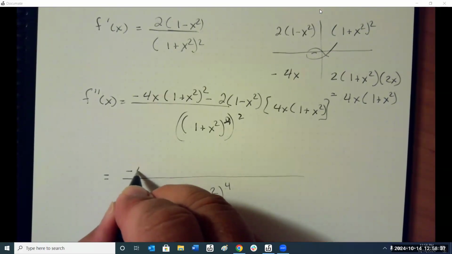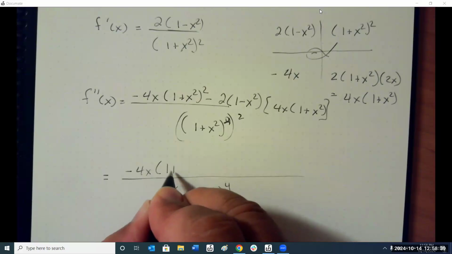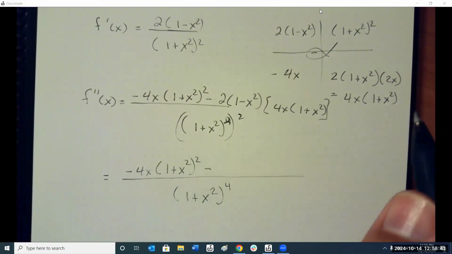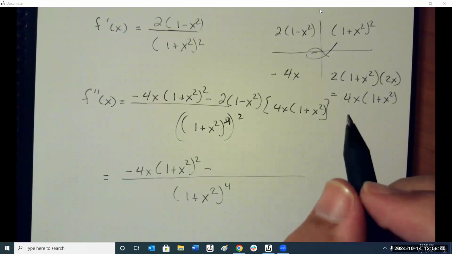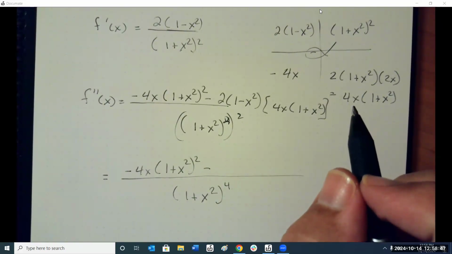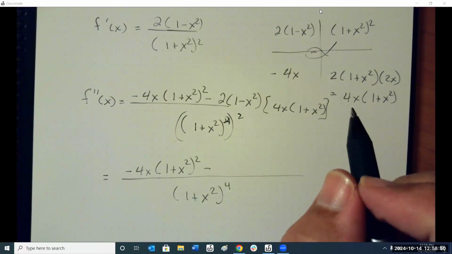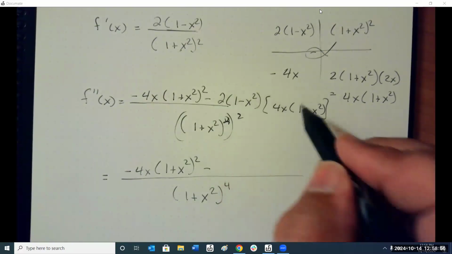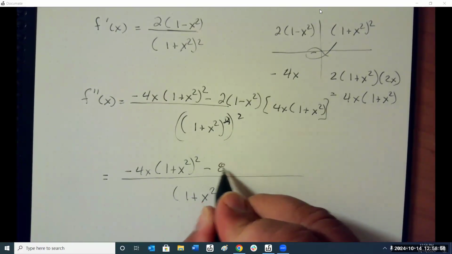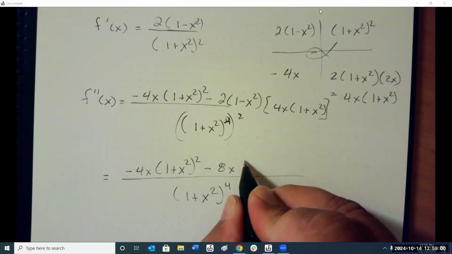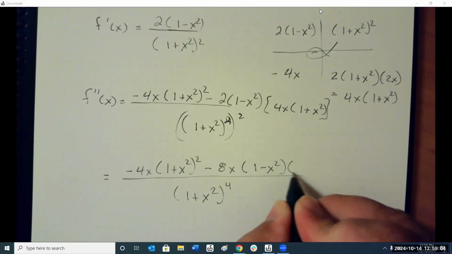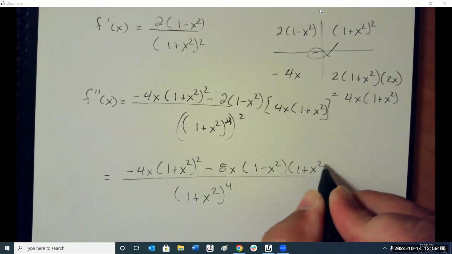We have negative 4x times 1 plus x squared, squared. Two times 4x is 8x, times 1 minus x squared, times 1 plus x squared.